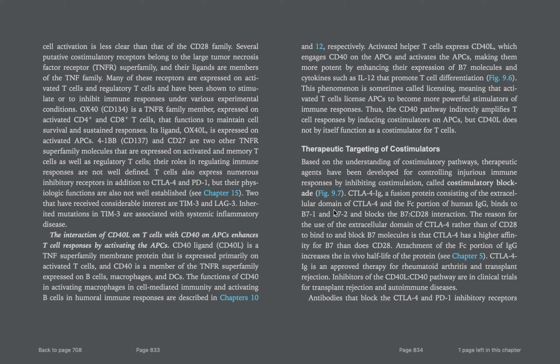OX40, or CD134, is a tumor necrosis factor family member expressed on activated CD4 and CD8 T cells. It functions to maintain cell survival and sustain the response. Its ligand, OX40 ligand, is expressed on activated antigen-presenting cells.